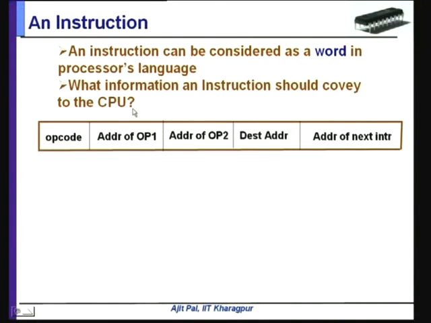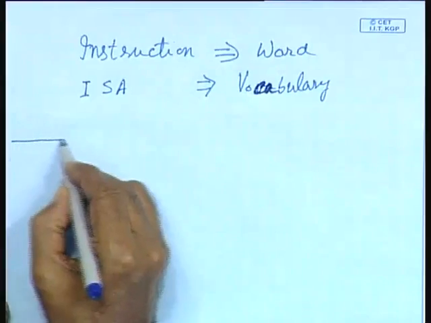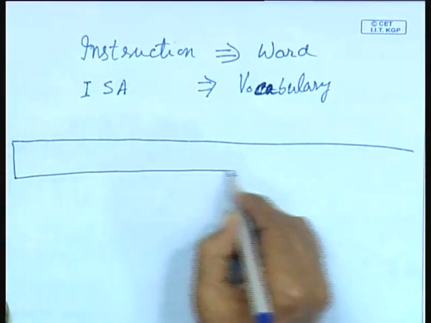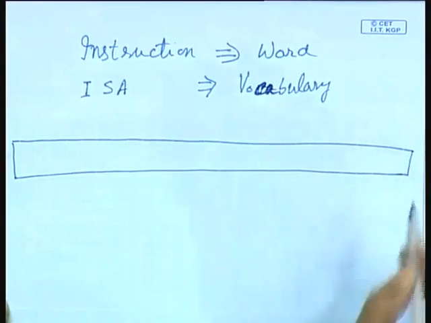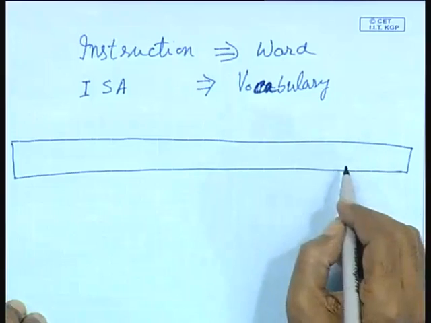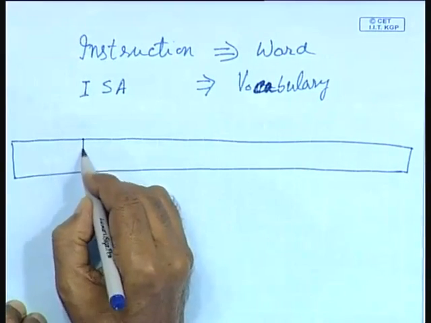As we know, in our traditional language, a word conveys some meaning. So similarly, an instruction should convey something to the processor. What should it convey? Let us try to understand first. First of all, an instruction can be represented by an instruction format, and different components of the instruction can be represented by different fields.